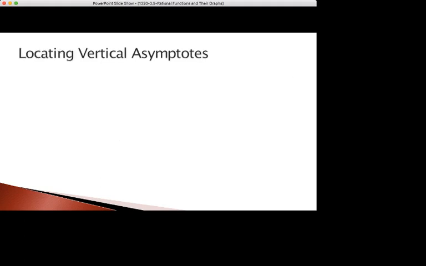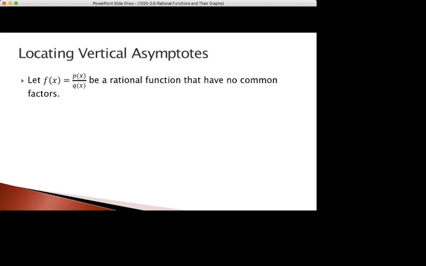So, we just talked about the definition of a vertical asymptote, and that's all fine and dandy, but it doesn't really matter much to have this definition in hand if we don't know how to go and find these vertical asymptotes. So that's what we're going to talk about right now, locating vertical asymptotes. So since we've been talking about rational functions, let's just pick an arbitrary rational function f of x equal to p of x over q of x, such that p of x and q of x have no common factors with each other.